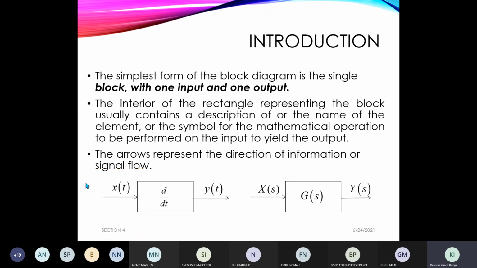Here we have the input x of t and the output y of t. This is a representation in the time domain, and this is the representation in the frequency domain. G of s, as all of you know, is the transfer function, X of s is the input and Y of s the output.